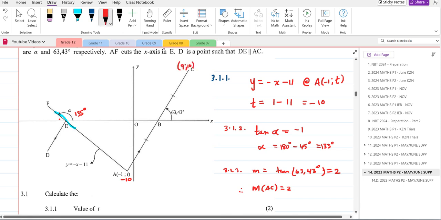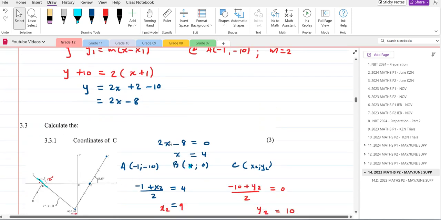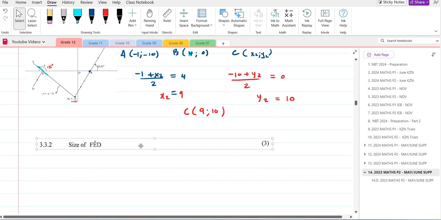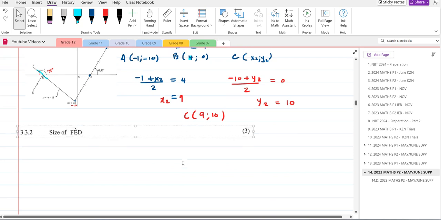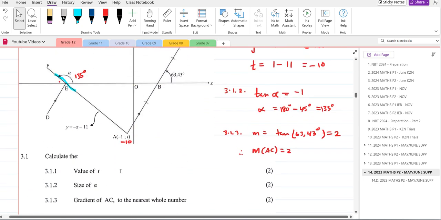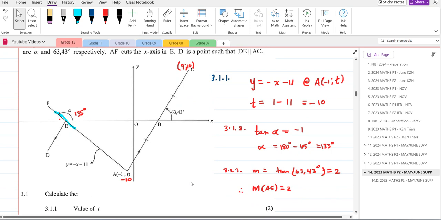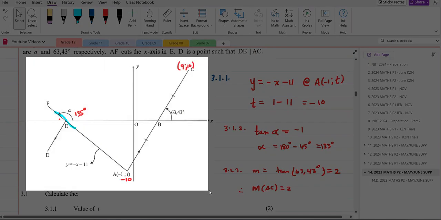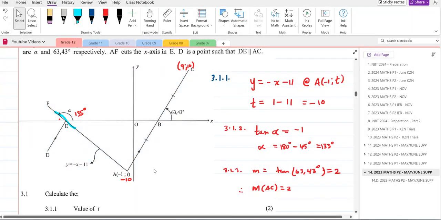Right, and our next problem now. Next problem is the size of FED. What are we doing with FED? That's the size we want. Let's try to understand this problem also.